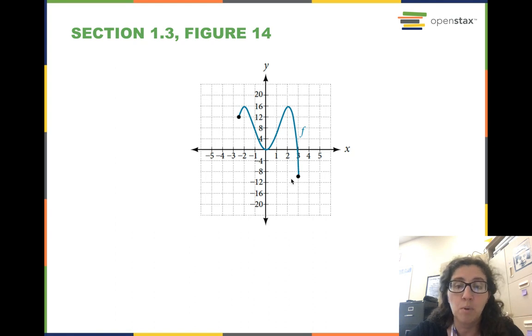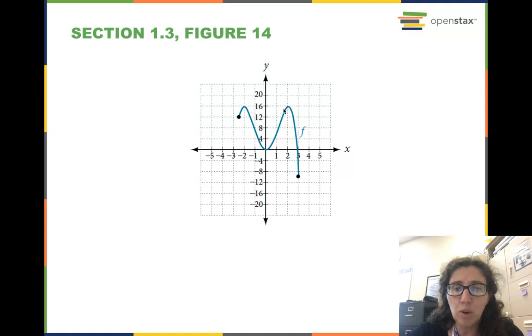But what's the absolute minimum value? It's going to happen here at (3, negative 10). Right? So the absolute minimum is this point, and the absolute minimum value is negative 10, but we do have a local minimum here. Here we've got a local max, right? Because it changes from increasing to decreasing. And what looks like at (negative 2, 16) and at (2, 16).